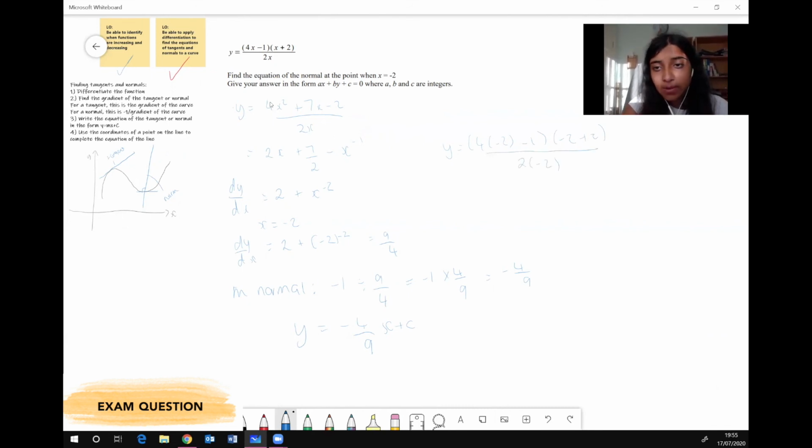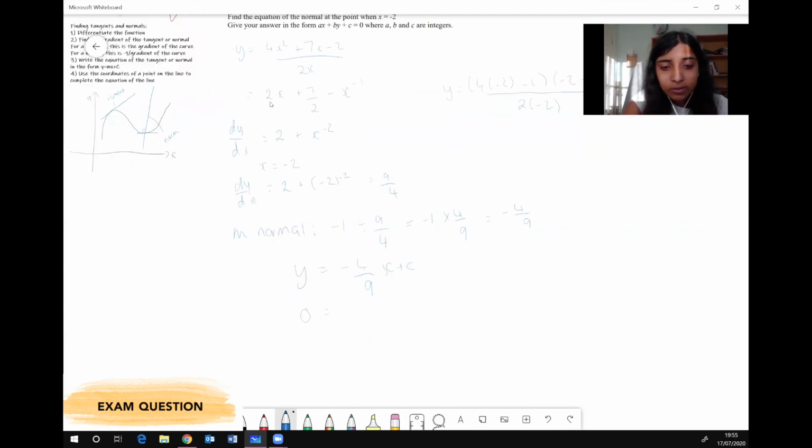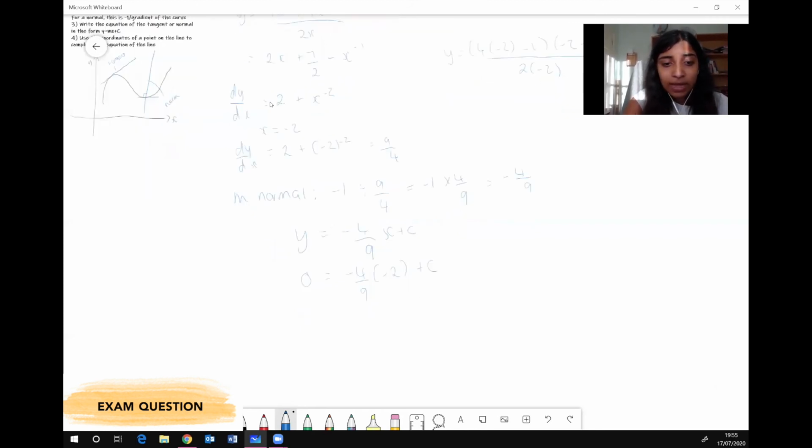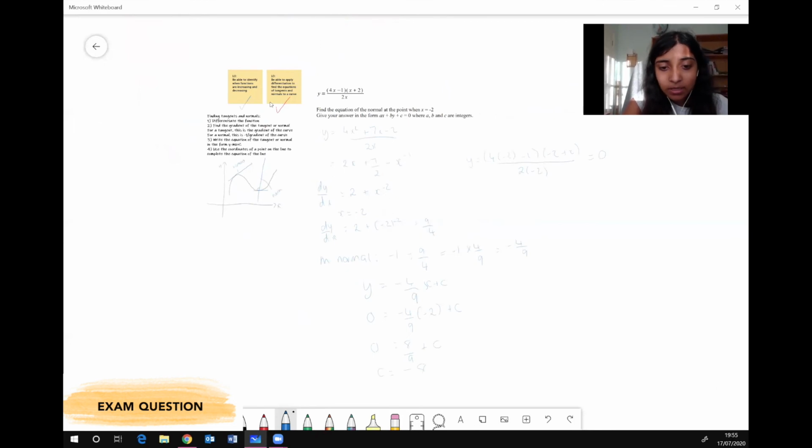And you notice this -2 plus 2 is just 0, so this whole thing would just go to 0. So now we can say that y is 0, which is equal to -4 over 9 times -2 plus c. So then 0 is equal to 8 over 9 plus c, so c is equal to -8 over 9.